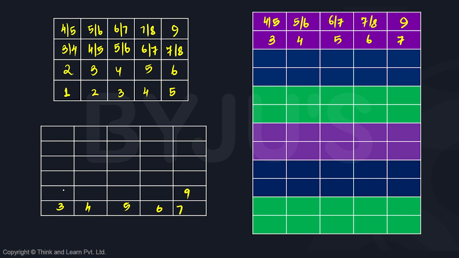We can have 4, 5, 6, 7. We can have 4, 5, 6, 8. So this is still a 9. If this is still a 9, we can have 4, 5, 7, and 8. Okay.